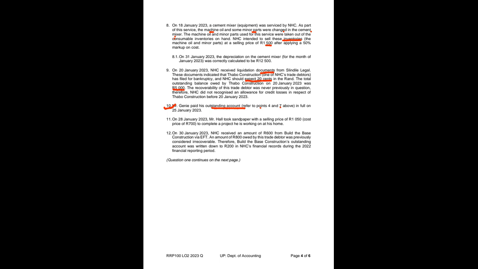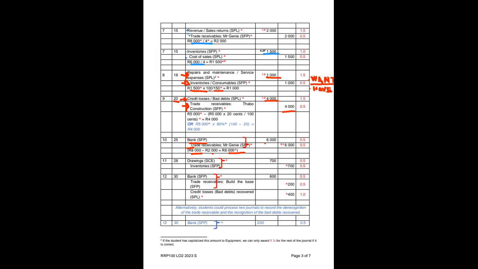How do we know it was personal use? Because he was doing something at his home. So what we then do is we debit drawings, credit our inventory, because our inventory is decreasing, because we know that we sell sandpaper. We read that in the information right at the beginning. So we credit our inventory, we debit our drawings, and the amount is 700 rand.